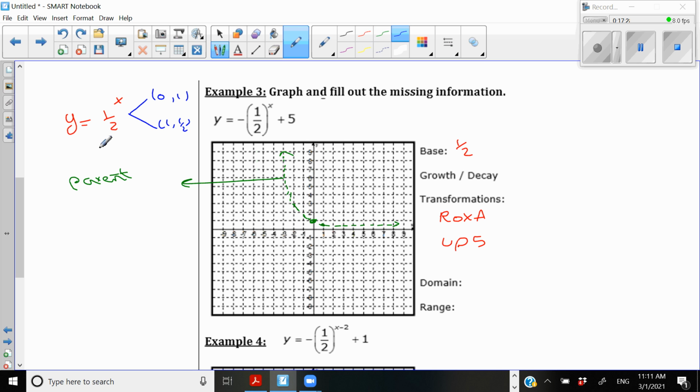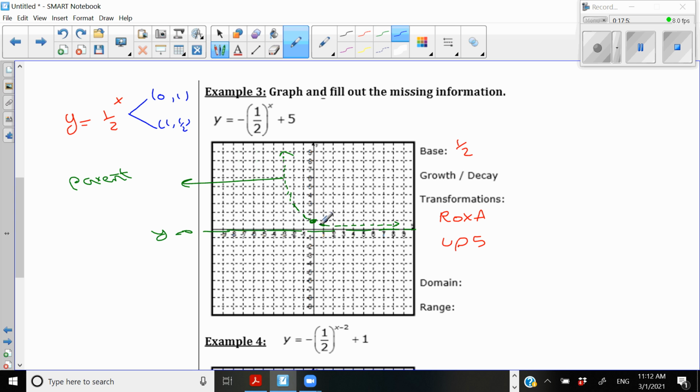Now, what transformations do we see here? Up 5. For the parent function, the asymptote was here at y equal to 0. Now that I'm moving my function up 5, that means everything is moving up. Also, the asymptote is going to move up. So the asymptote was at 0.